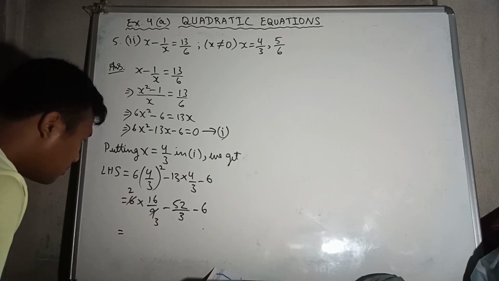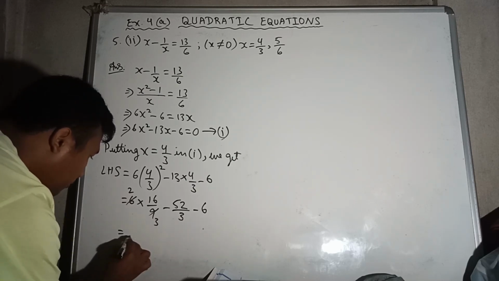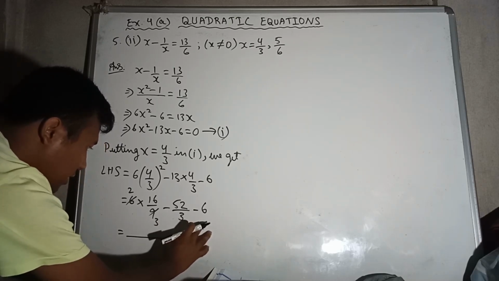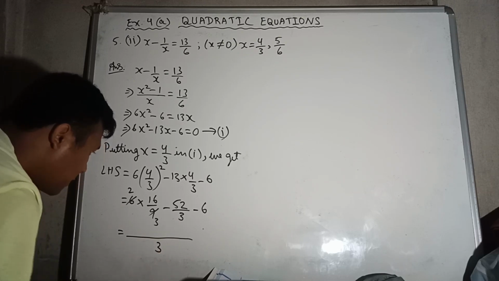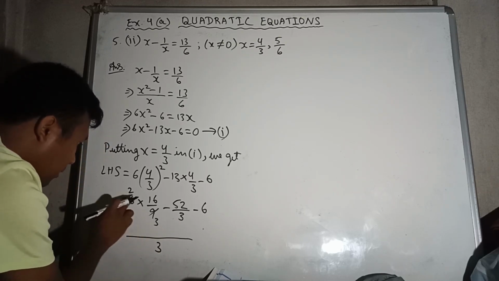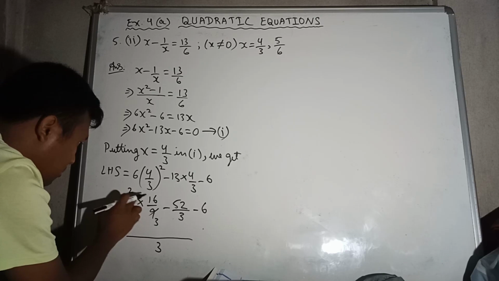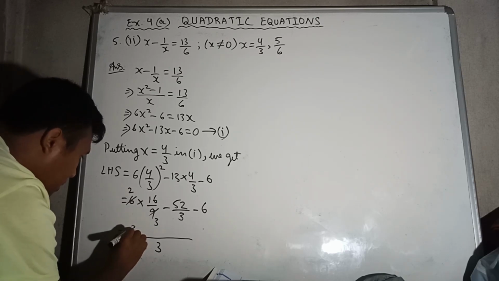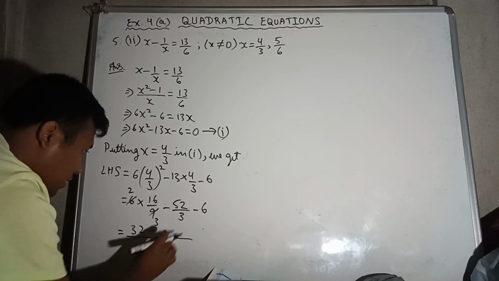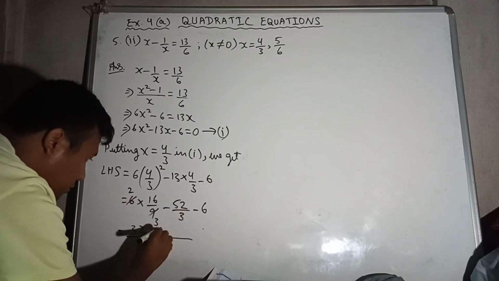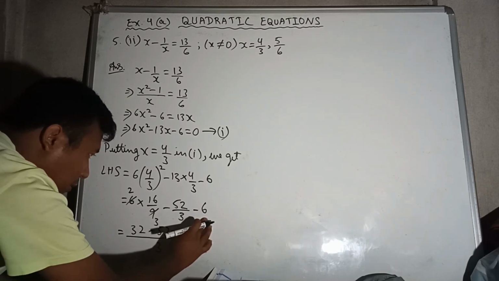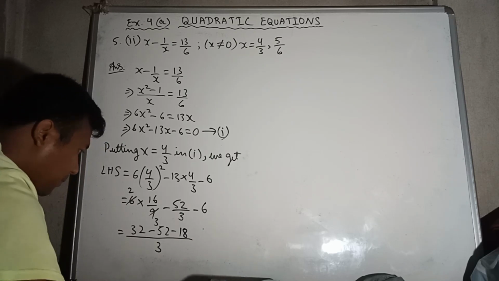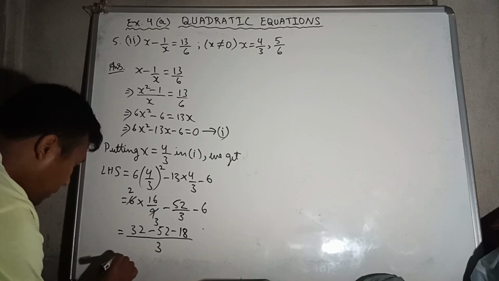So this is equal to, taking LCM 3: 2 into 16 is 32, minus 52, minus 3 times 6, which is 18.